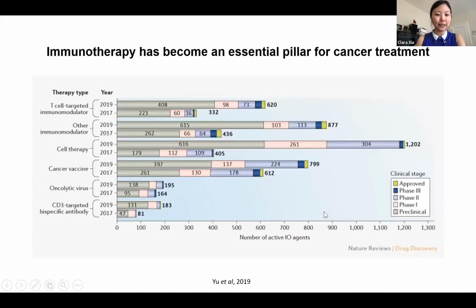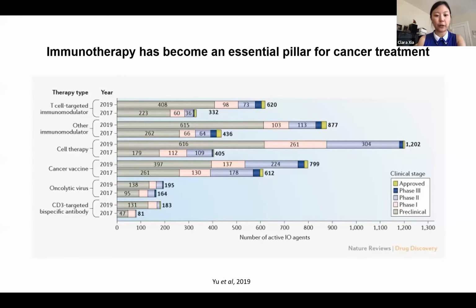Next slide, please. The concept of using the host immune system to defend against cancer has been an ongoing focus of cancer research for more than a century. In the past decade, immunotherapy has become a new emerging pillar for cancer treatment, along with chemotherapy, radiation, surgery, and targeted therapy.